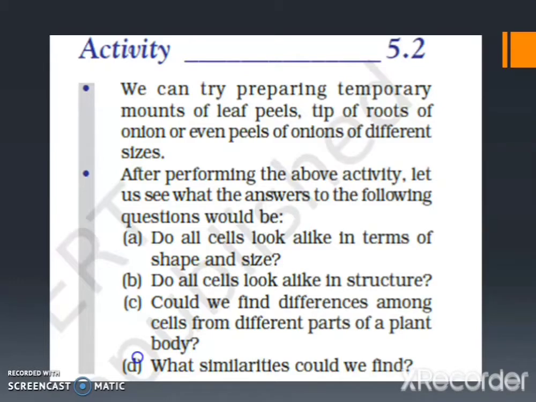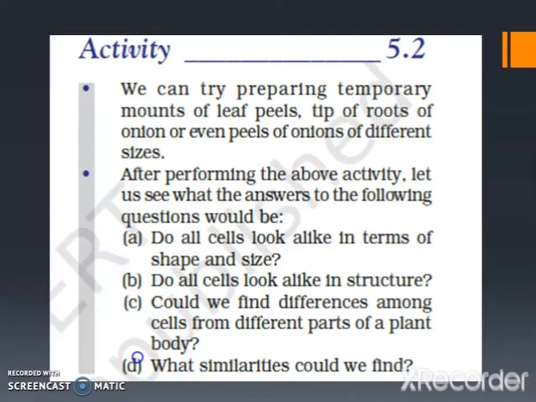Now coming to the last one, what similarities would we find? The similarities in an onion peel, a leaf peel and the tip of the root: the similarity which we see is the presence of the cell wall.